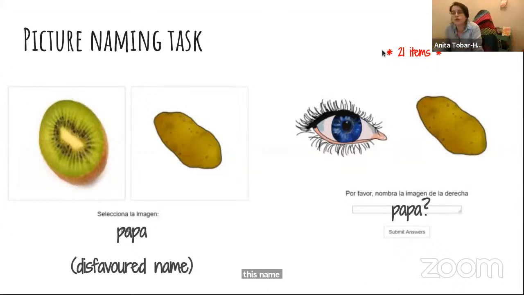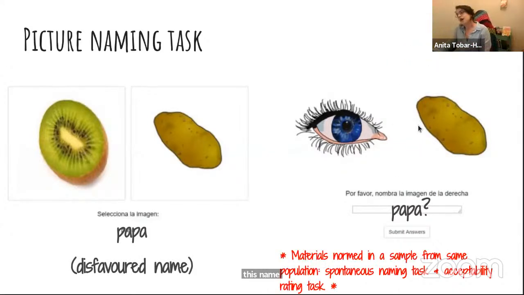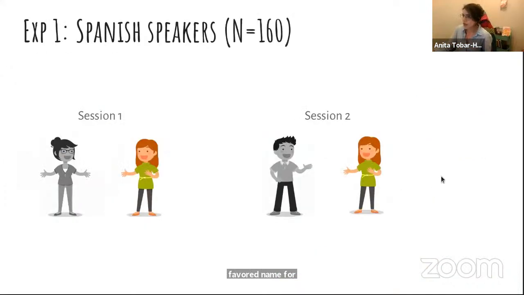We did this with 21 items, and all materials were normed in a sample from the same population as the participants. We used a spontaneous naming task to identify favored and disfavored names for target pictures, and an acceptability rating task to make sure that these disfavored names were highly acceptable for naming the pictures.